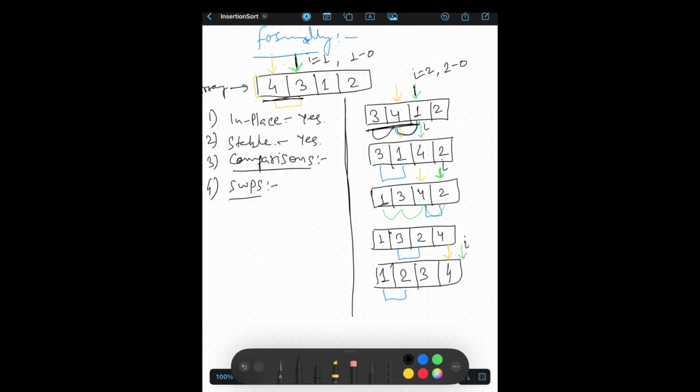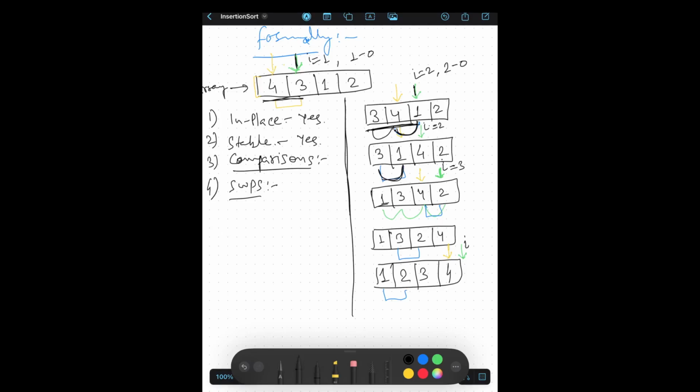Then in the next iteration, our I was here, and this was our first comparison and then this was our second comparison for I equal to 2, right?